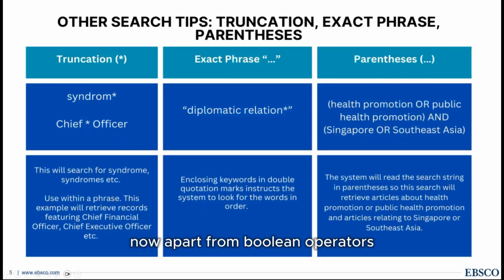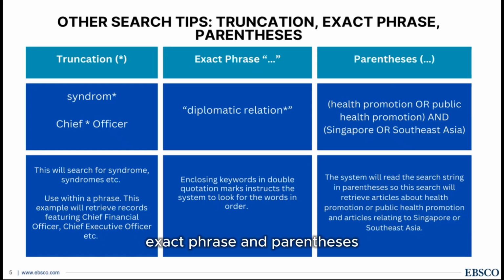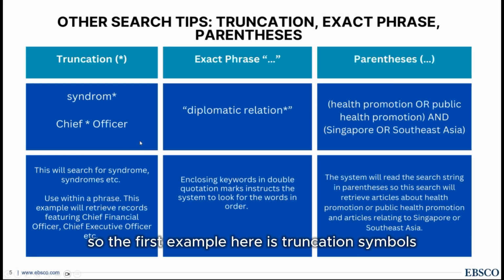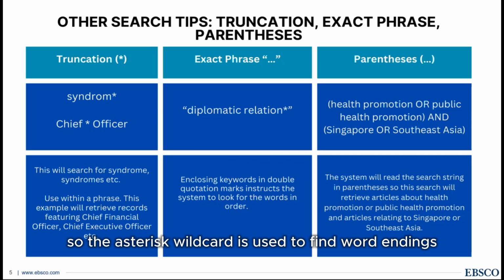Now, apart from Boolean operators, you may also use other tips and tricks like truncation, exact phrase, and parentheses. The first example here is the truncation symbols. These are used to create searches with unknown characters, multiple spellings, or various endings. The asterisk wildcard is used to find word endings.